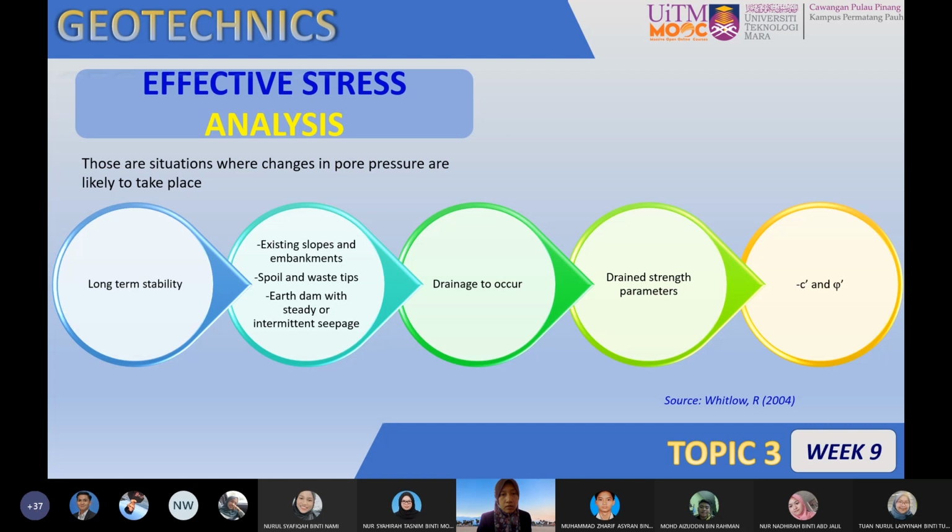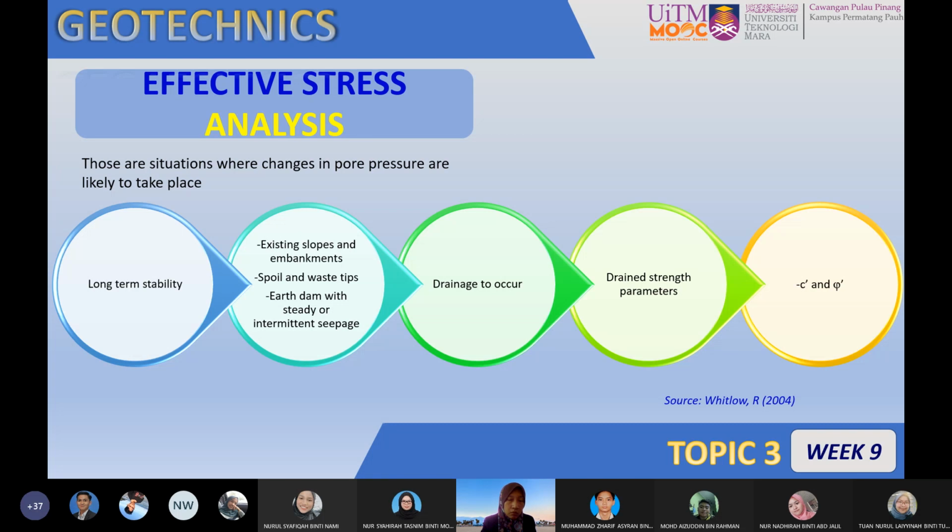These are the features that tell you the situation when we can apply the effective stress analysis. First of all, the effective stress analysis is also considered as the long-term stability. This is used for existing slopes and embankments, and steep earth dams with steady or intermittent seepage, where we allow for drainage to occur, and you can measure the effect of pore water pressure.